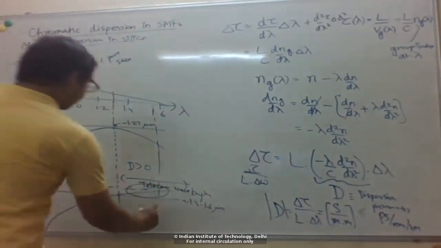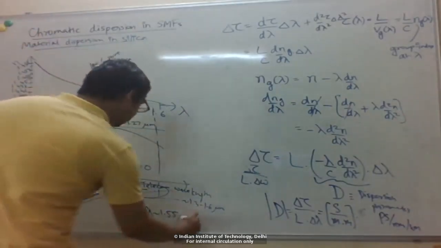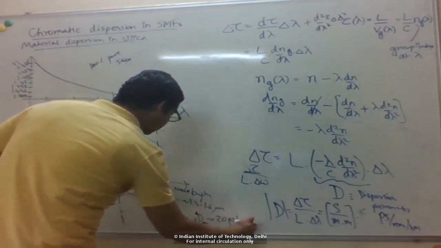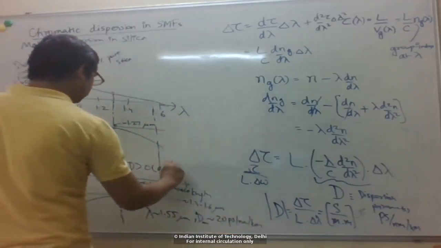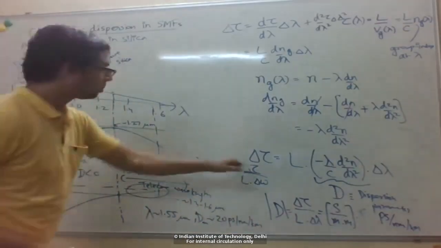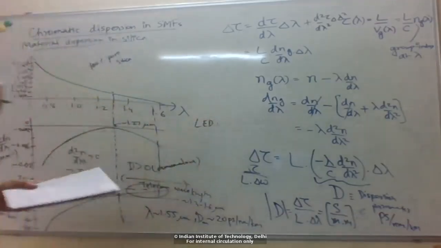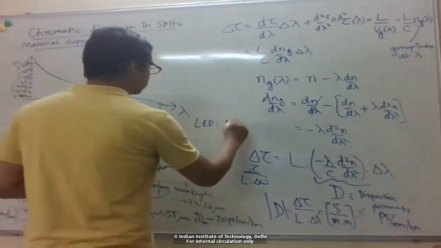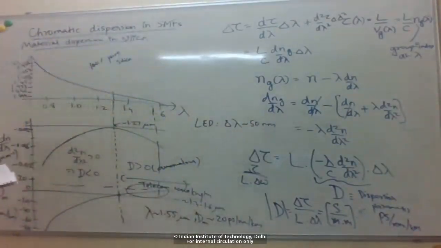So for example here, at lambda 1.55 micron, the most popular telecom wavelength, the material dispersion is about 20 picosecond per nanometer per kilometer. In this entire range, the dispersion is anomalous. If you compute the broadening here, for example with an LED source, as I said, the spectral bandwidth would typically be 50 nanometers at a wavelength of 1.55 micron.